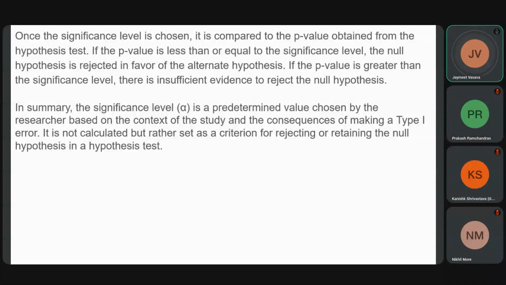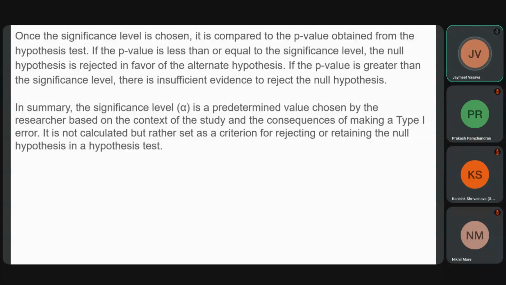So just to summarize, it depends on which study is being conducted and which hypothesis test is being conducted, and based on that, the field of reference is taken, and whatever significance level is used in the field is taken as the alpha value, depending on the consequences of type 1 error.